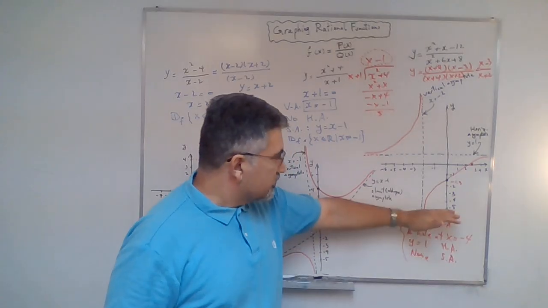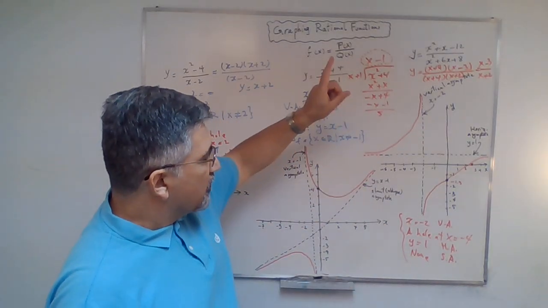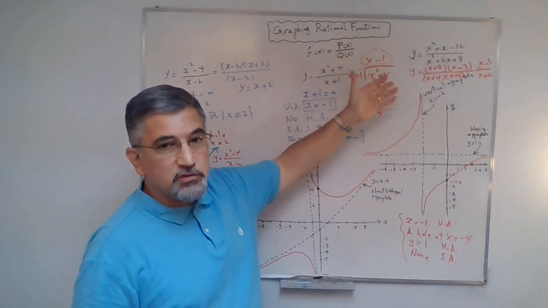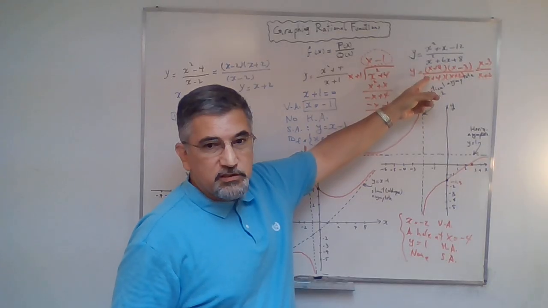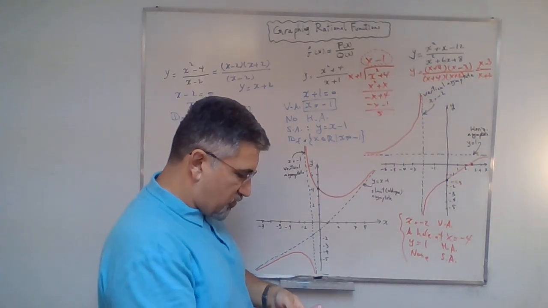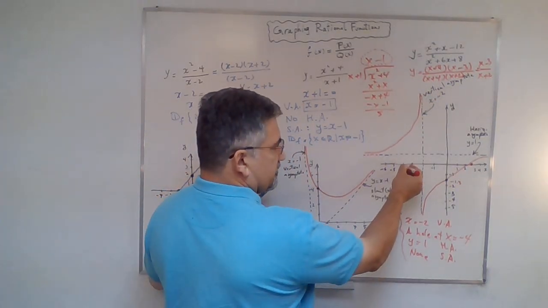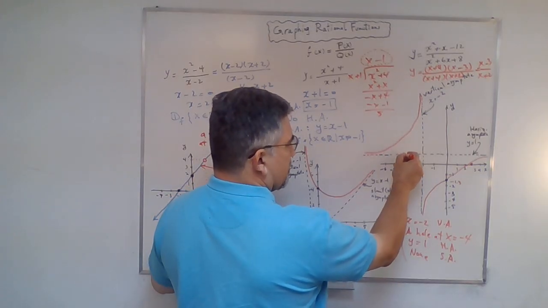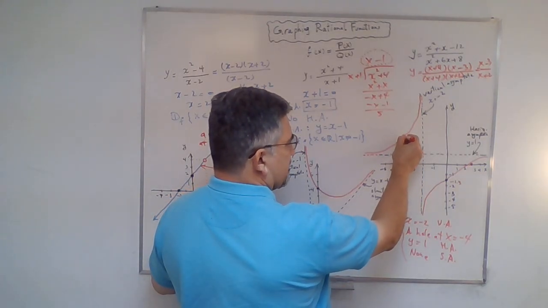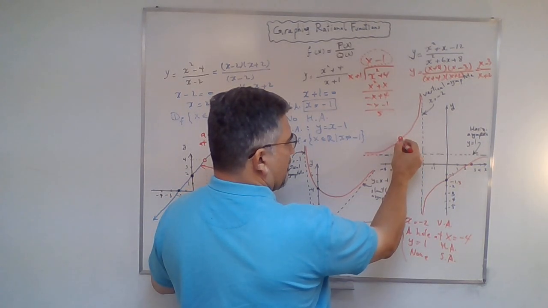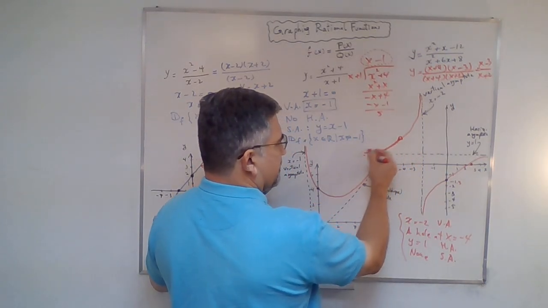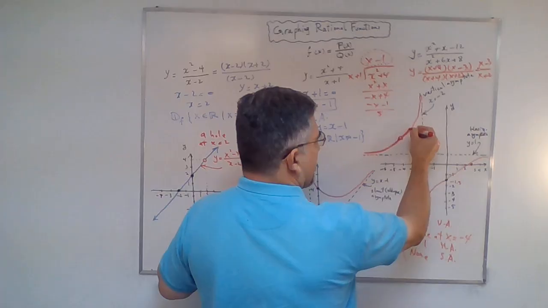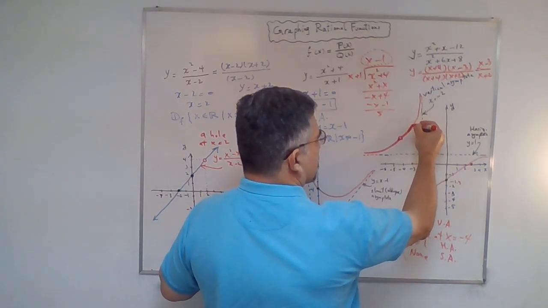So we talked about all the asymptotes. Now we forgot one last thing, the most important thing, the hole actually. At negative 4, we said that we have a hole. So here, x equals negative 4 is right here. So I would say at this point, we're going to have a hole, which means that the function is not defined at x equals negative 4. And this is how the branch would look like.